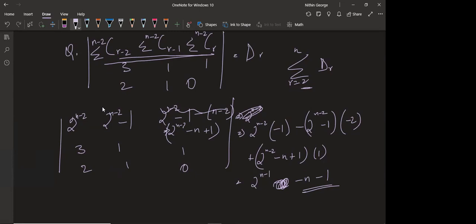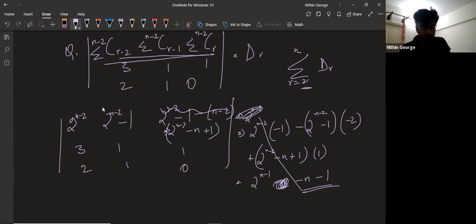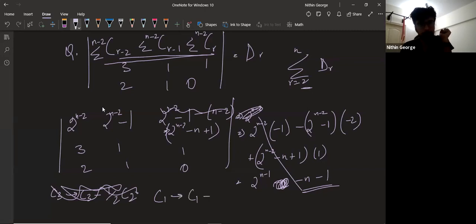No, sir. To make your calculation simpler, what you can do is you can simply put C3 becoming C3 minus 1 by 2 C2. What will happen here? Or, sorry, I'll make C1 become C1 minus 2 into C2.